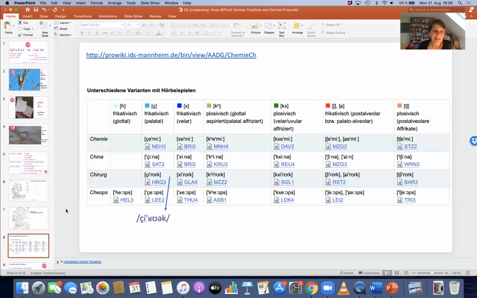There's the Cheops pyramid. And you can then press on the button and get a sound sample just to show you there are all these different pronunciation options, but standard German is, in my opinion, Chemie. So you can see all these fun atlases that help you with German dialects.